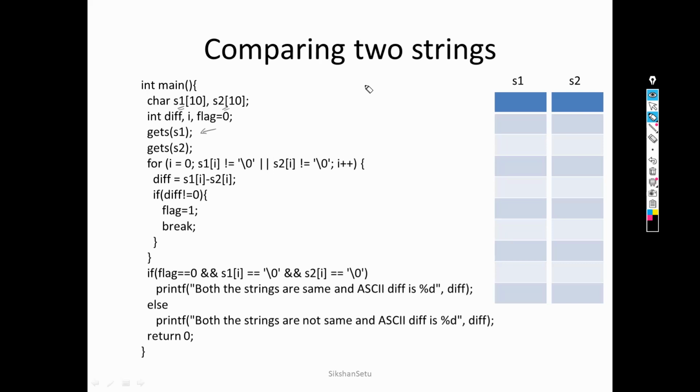Again, I will take an example to explain the same, so that we can implement the same sort of functionality. Let's say S1 equals ABC and S2 equals ADC.